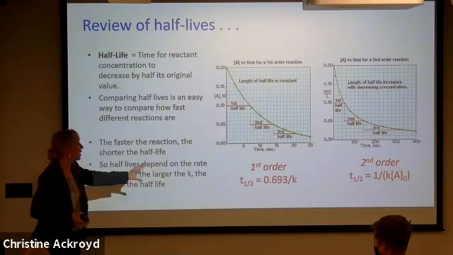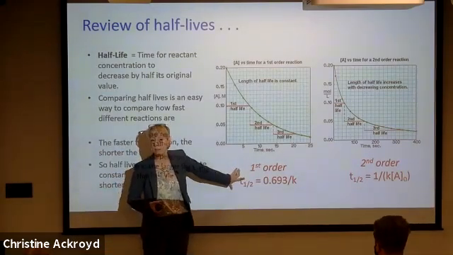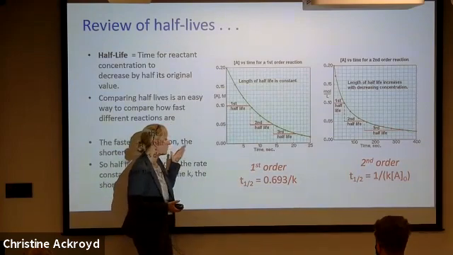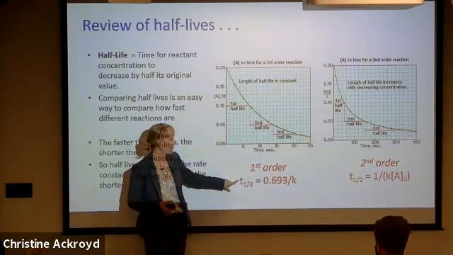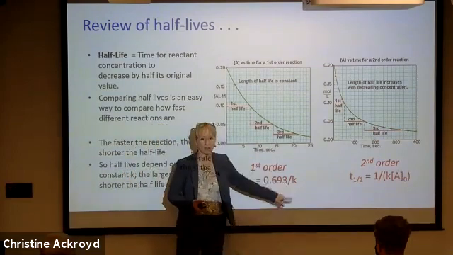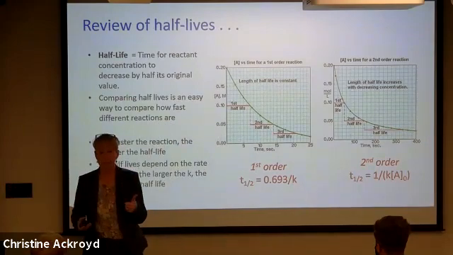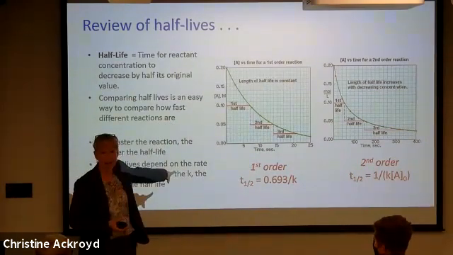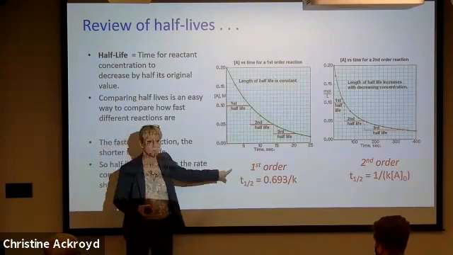The actual equations just come from a careful rearrangement of the integrated rate. Okay, what we see is the half-life for a first order reaction is inversely proportional to the rate constant. This makes sense, right? When the reaction is faster, the rate constant is larger, so the half-life should be smaller. Conceptually, that makes sense, and that's what the math says too.